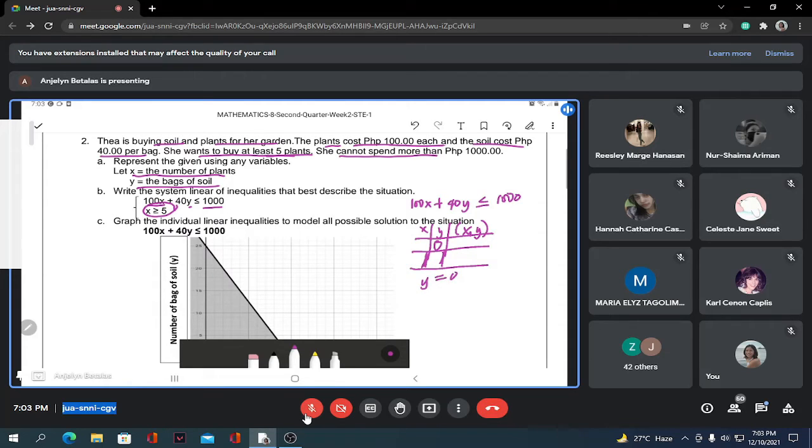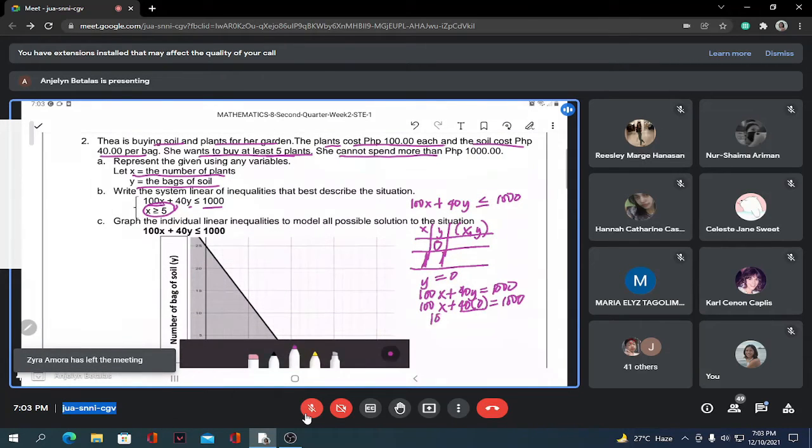If y is 0, the boundary line is 100x plus 40y equals 1,000. So 100x plus 40 times 0 equals 1,000. 40 times 0 is just 0, so 100x equals 1,000. What to do next?